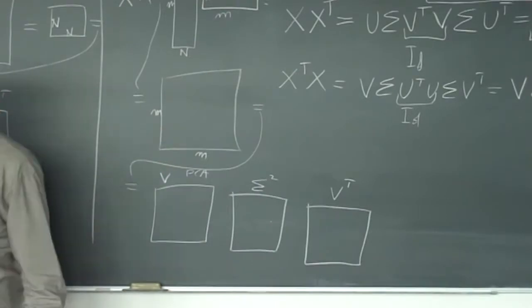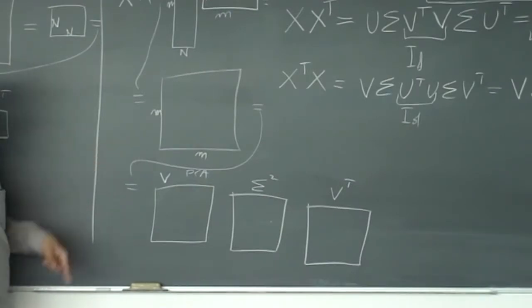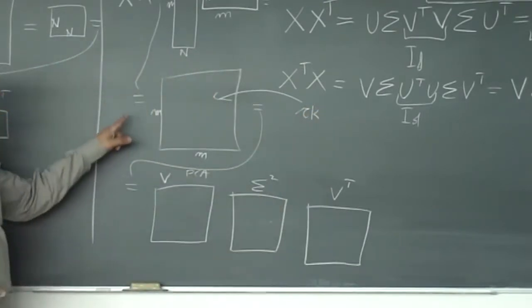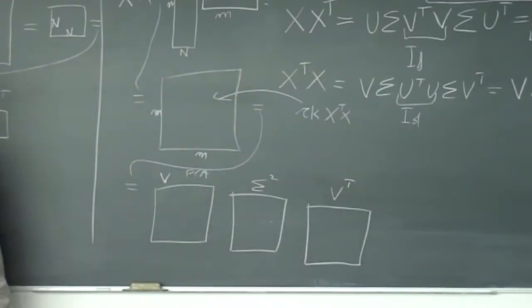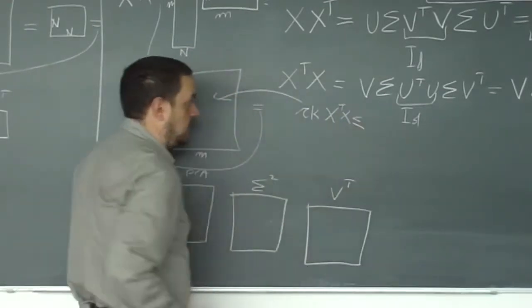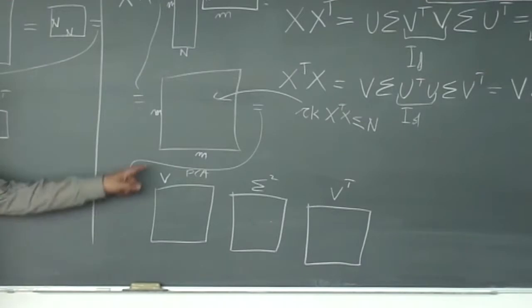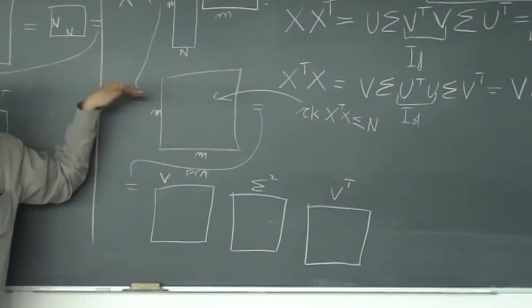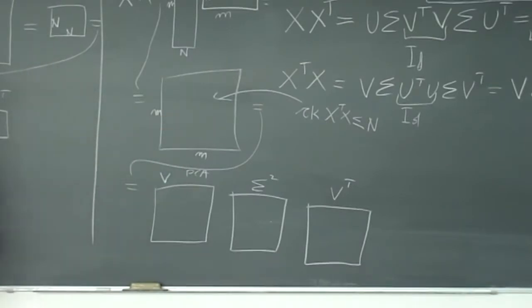So the result has a rank which is much less than m. The rank of this matrix, of X transpose X, is at most n. So even if this is an m by m matrix, its rank, the maximum number of independent columns or independent rows that you can find in here, is at most n.